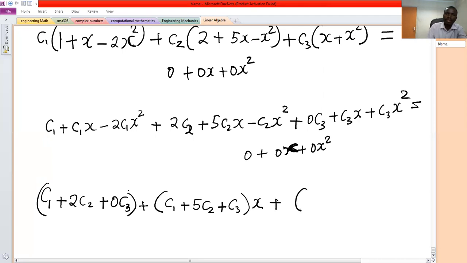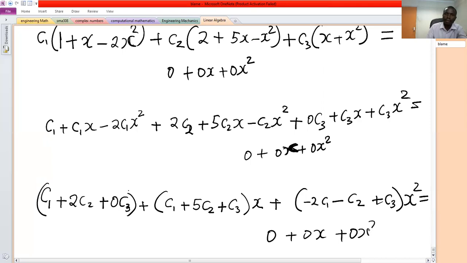Then those terms with x squared: minus 2C1 minus C2 plus C3, times x squared. This equals 0 plus 0x plus 0x squared.